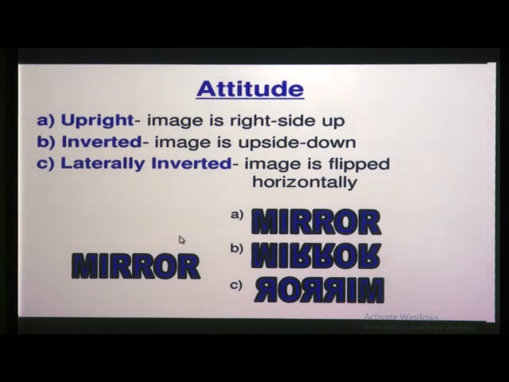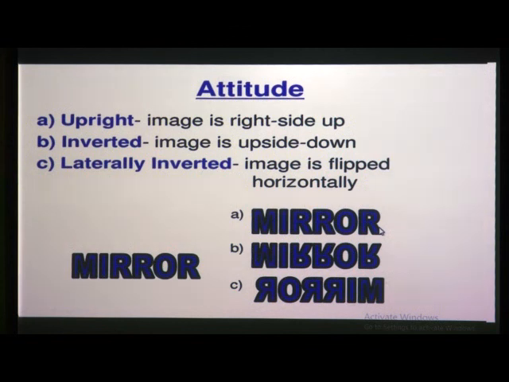But sometimes it will not look like that, the image is flipped horizontally. We will see a large distance between mirror and object, but the image will not show a large distance between mirror and image. So that is the difference here.